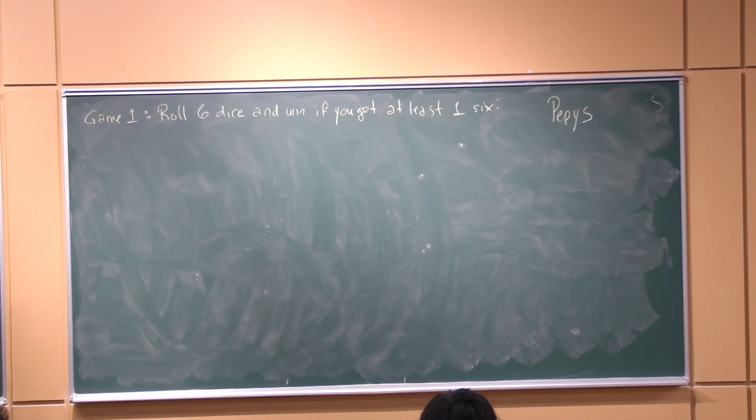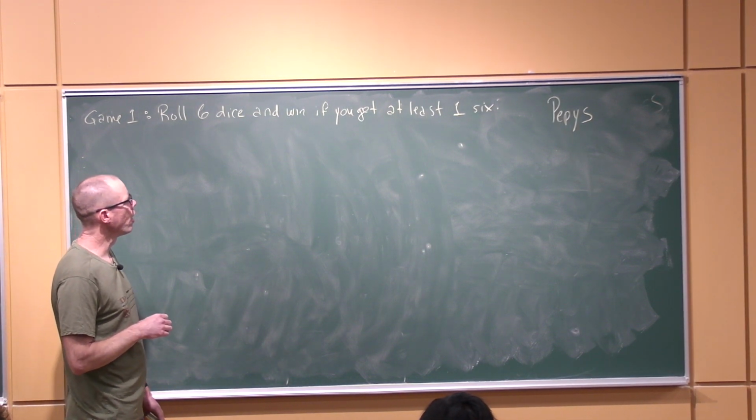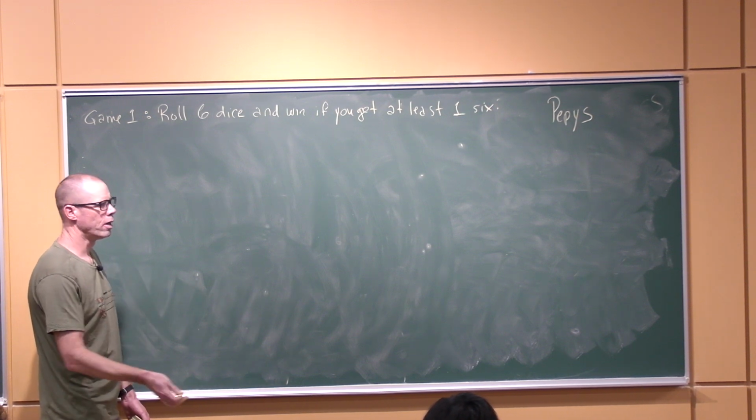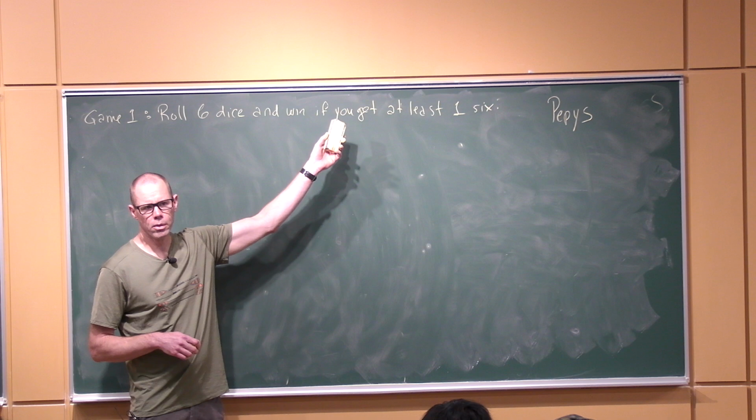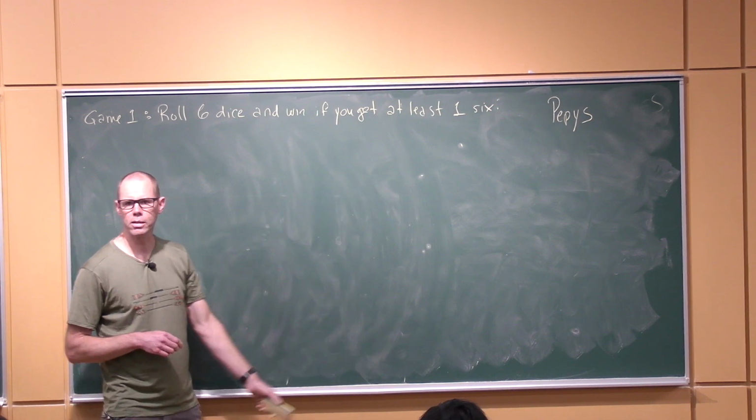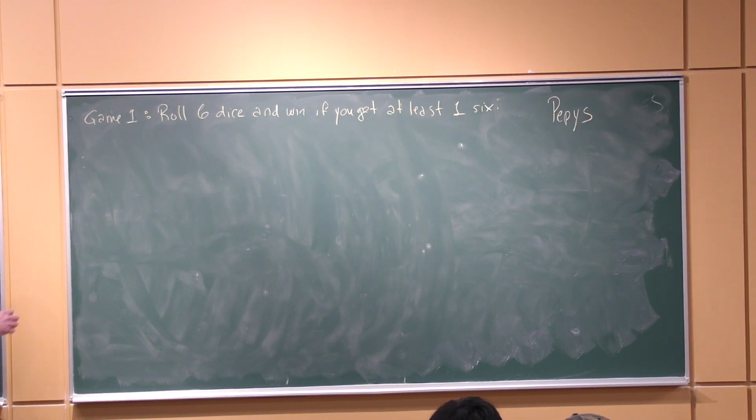Sounds reasonable, right? We already know that when you roll a 6-sided die, at least in our model of it, each of the 6 outcomes is equally likely. So you get 1 chance in 6 of getting a 6. And if you do it 6 times, it seems reasonable that you should get at least 1 6 some of the time.